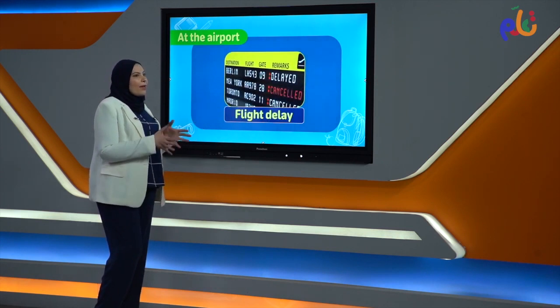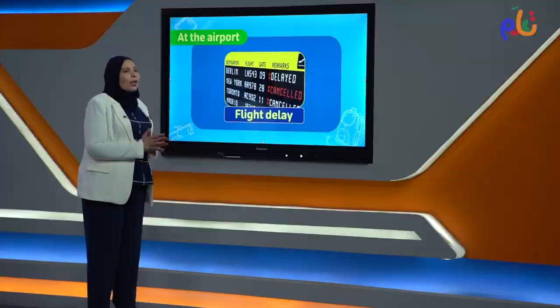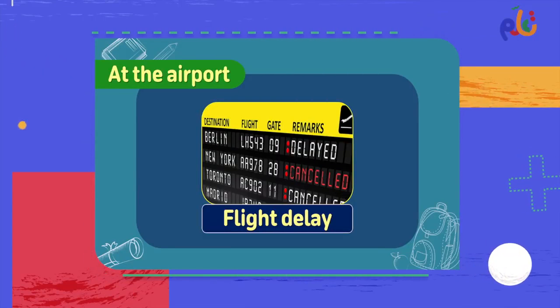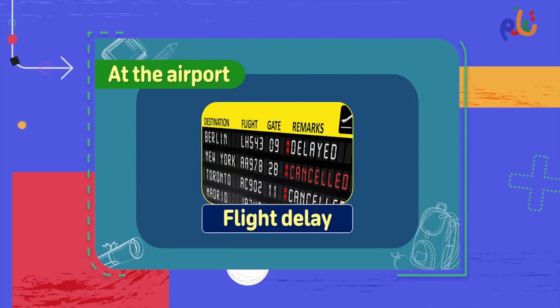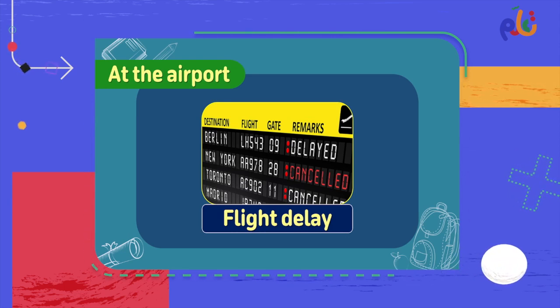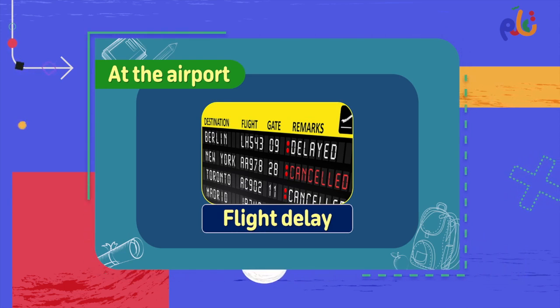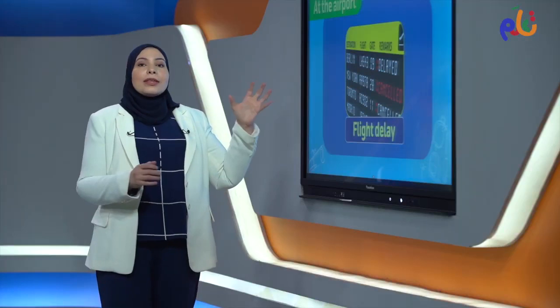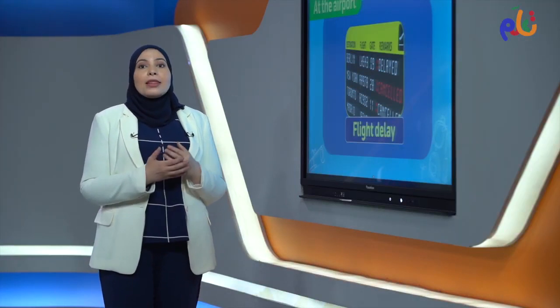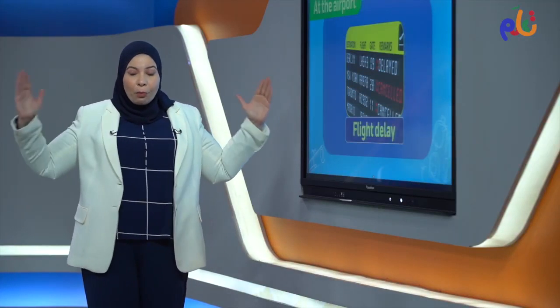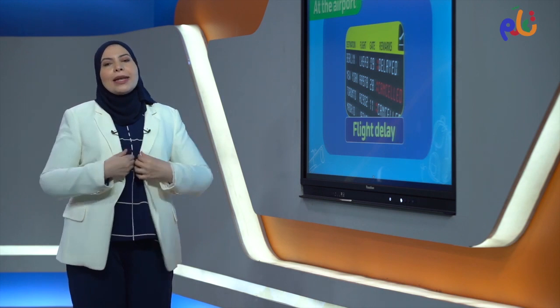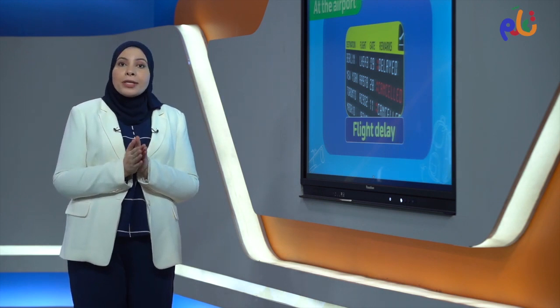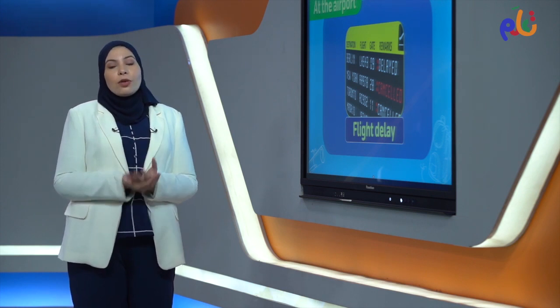And then we have flight delay. So if we speak about flight delay, we need to speak about a lot of things that come with it. So what we see on the screen here is called the flight board. The flight board is a very big board that you will find in any airport. This board tells the passengers about the information for their flights.